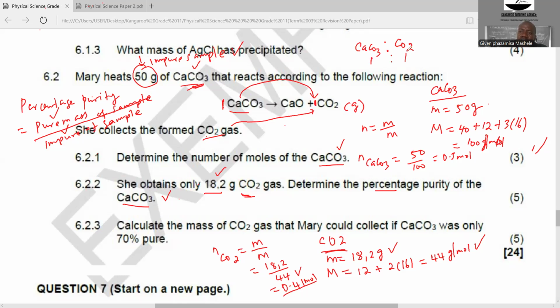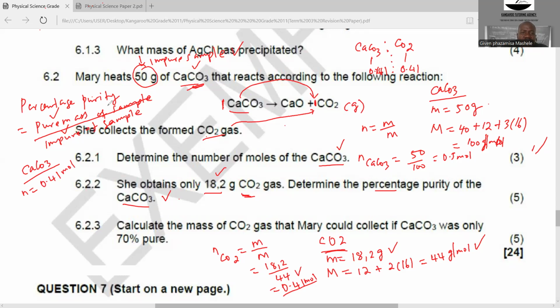It means if carbon dioxide obtained is 0.41 mole, then if you cross multiply, calcium carbonate will still be 0.41. So the number of moles of calcium carbonate for a pure sample is 0.41 mole.